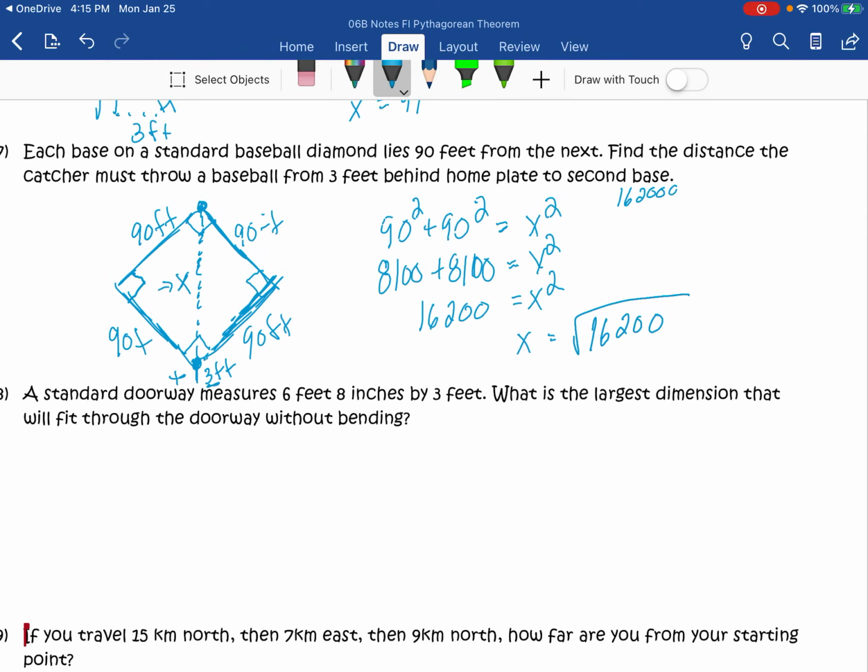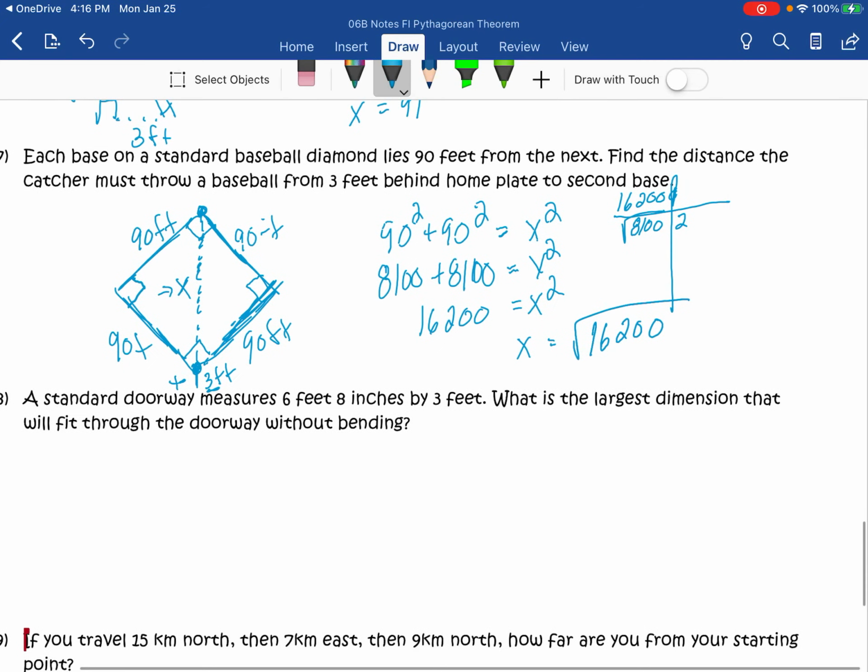So we can simplify 16,200 if we want. I promise it's not going to be that bad. So we take that, divide by 2, it's 8,100. Now 8,100 we already know the square root of, which is 90. So my answer is going to be 90 radical 2, just as a spoiler.